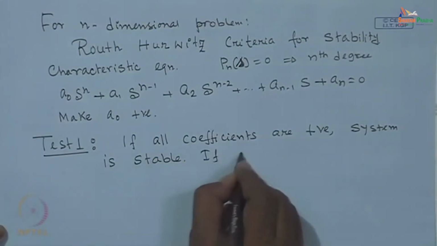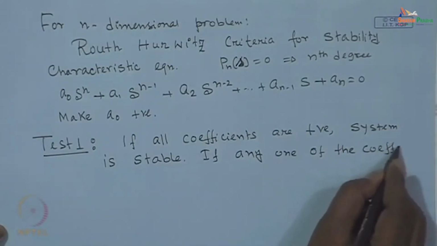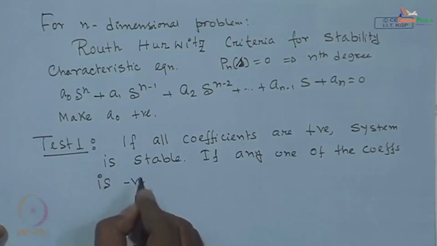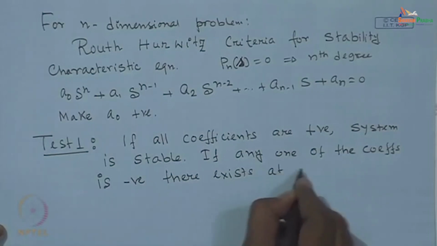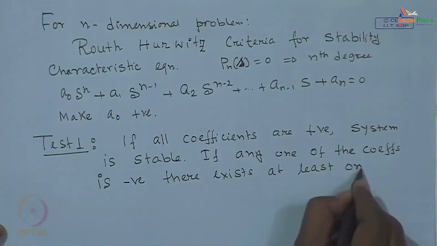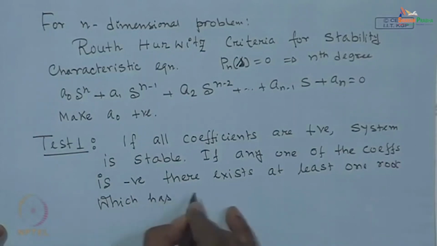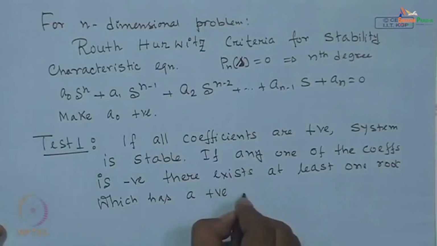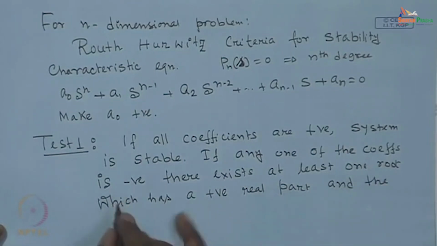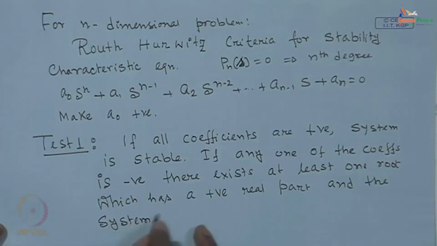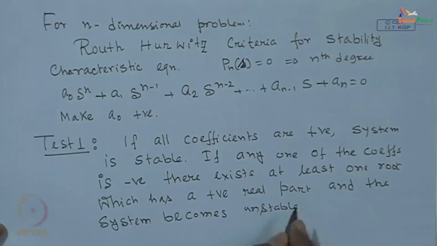If any one of the coefficients is negative, there exists at least one root which has a positive real part and the system becomes unstable. That is the first test.